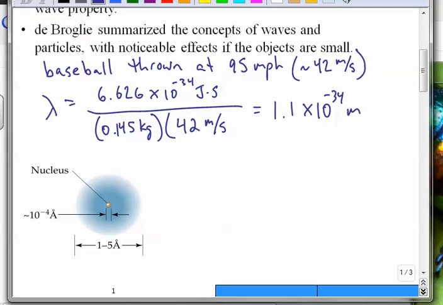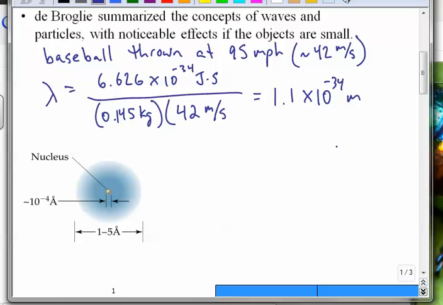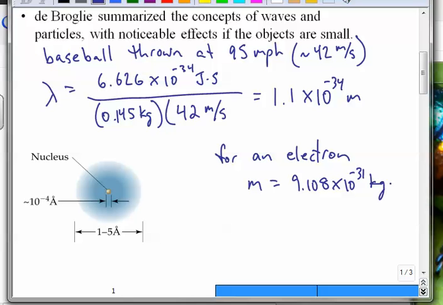However, when we are looking at something like an electron, okay, so for an electron, we have the mass is equal to 9.108 times 10 to the minus 31 kilograms. That's the mass of an electron.